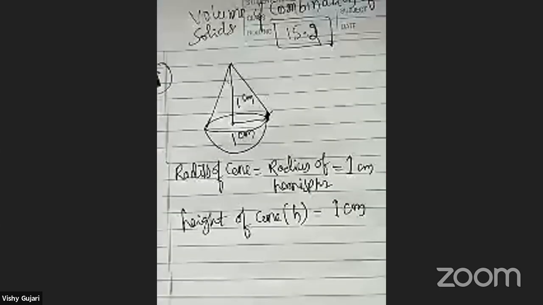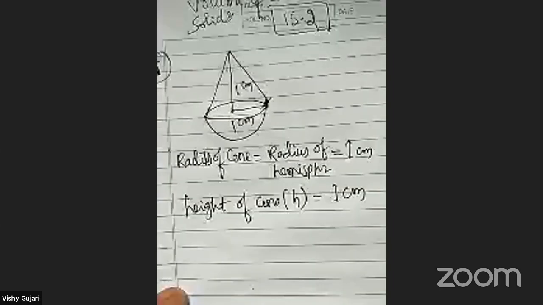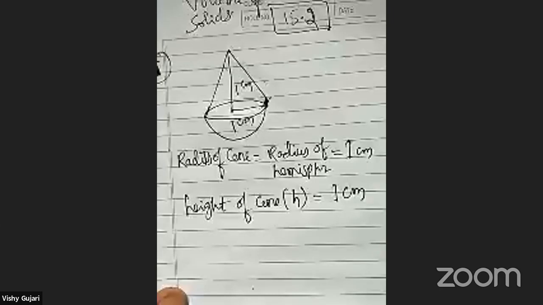In terms of pi means whatever pi you get in the formula, keep pi as it is. No need to substitute its value as 22/7.